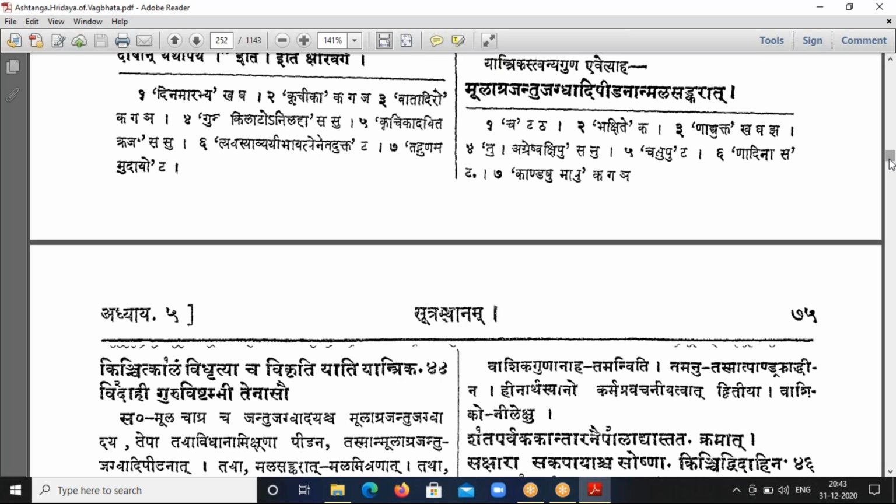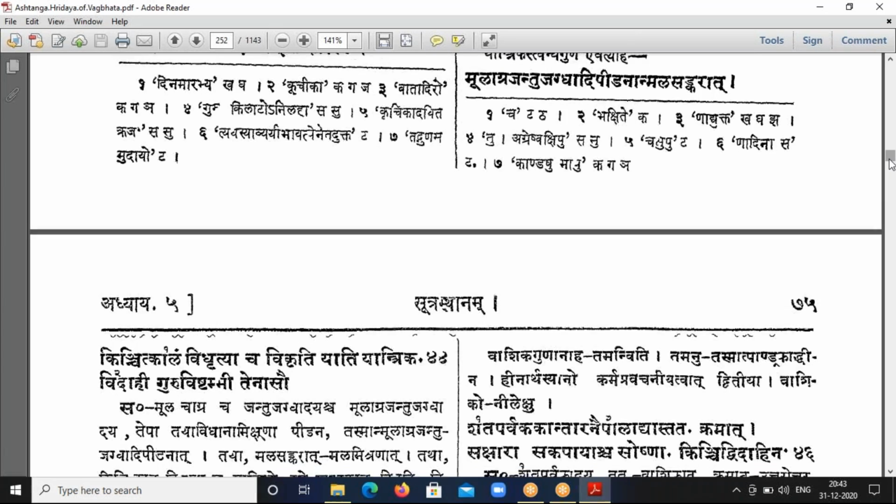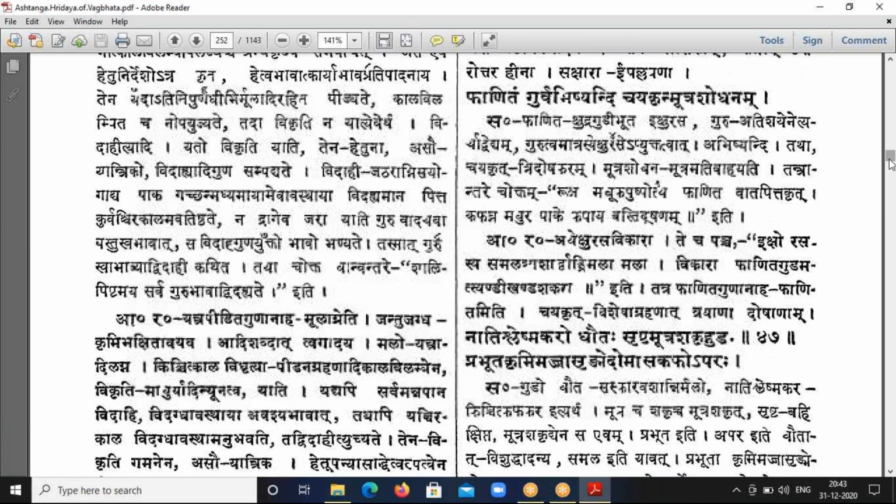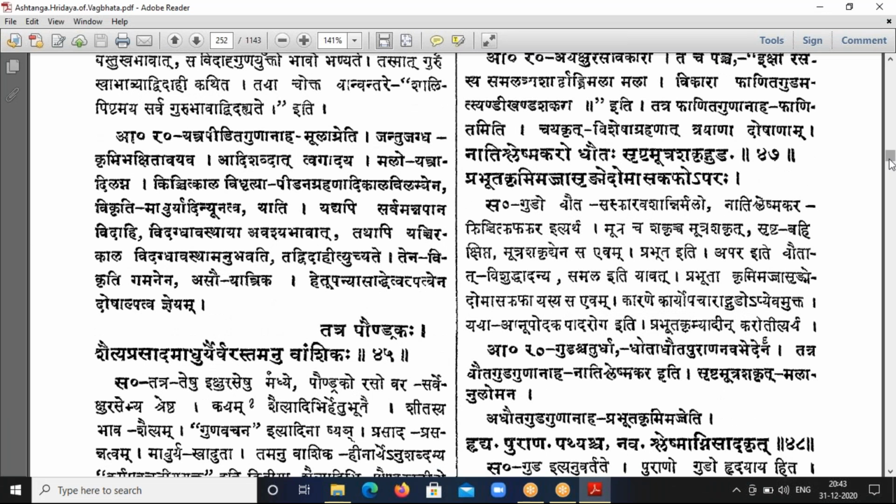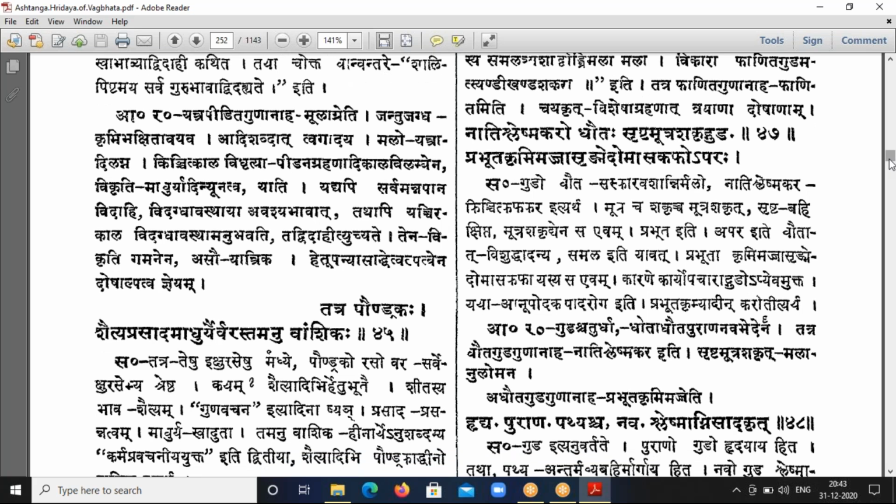There are some advices regarding the use of Ikshurasam. These days, I think we can find Ikshurasam available on the roadsides when you go for a long drive or so. Many times in the summer, you can find this Ikshurasam sold on the roadsides. So there are some advices.